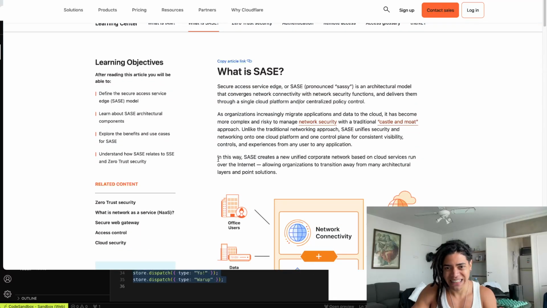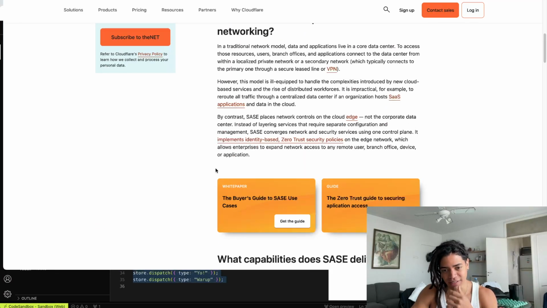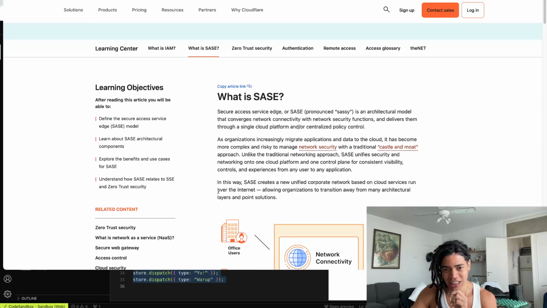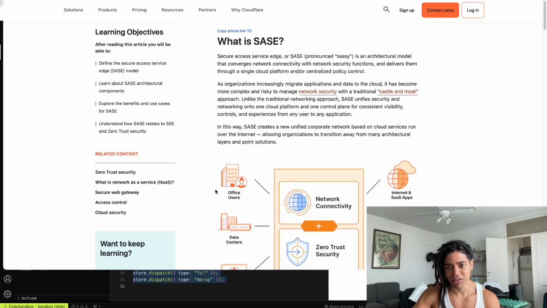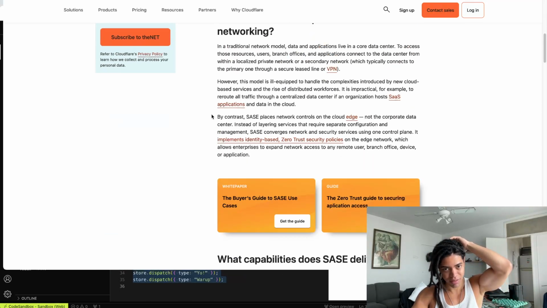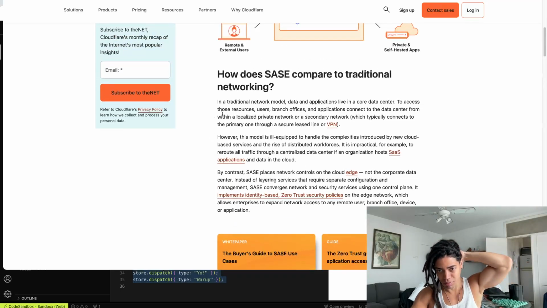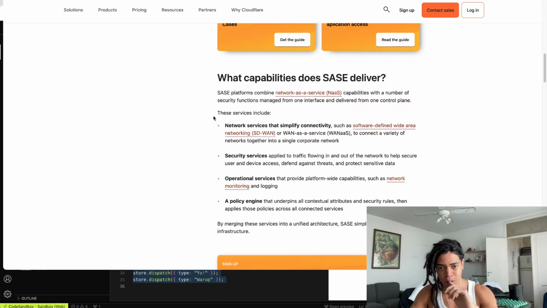So this is what SASE is. SASE is an architectural model for network administrators. SASE platforms combine network as a service capability with a number of security functions managed from one interface and delivered from one control plane.